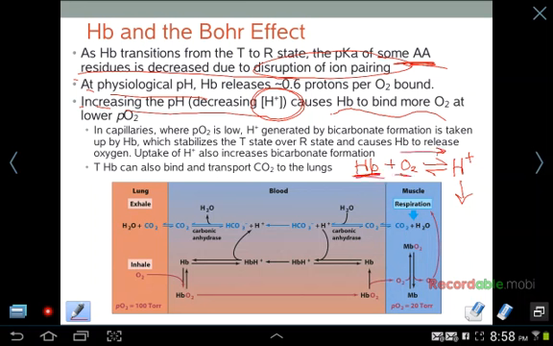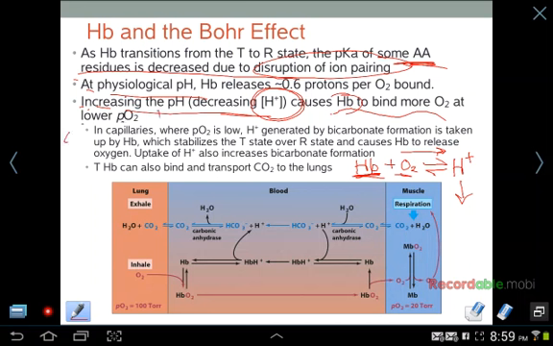So this is just an equilibrium problem. Increasing the pH allows hemoglobin to bind more oxygen even at low oxygen pressure.